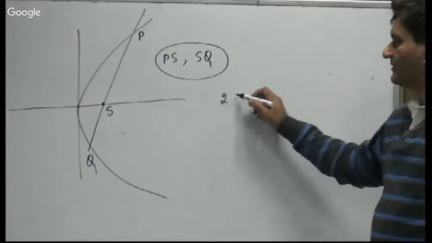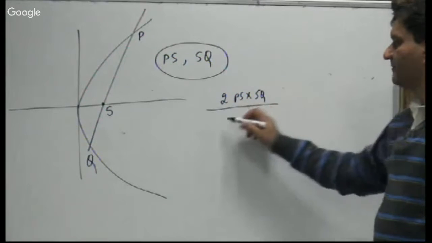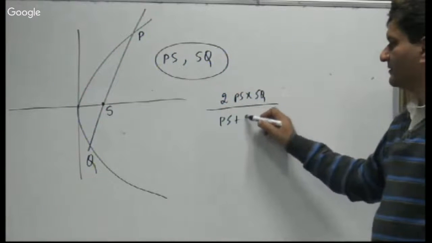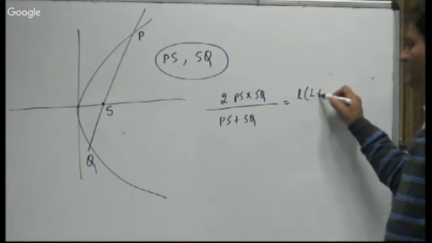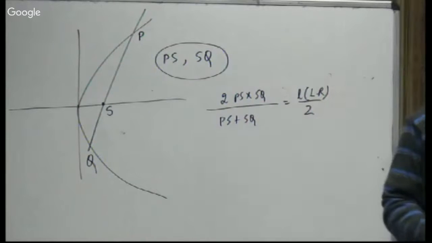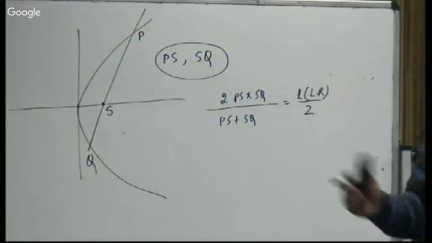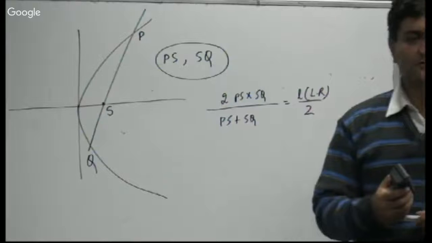Twice PS multiplied by SQ divided by their sum. So this is equal to the semi-latus rectum. Now let us solve some questions. Other formulas we'll do later.